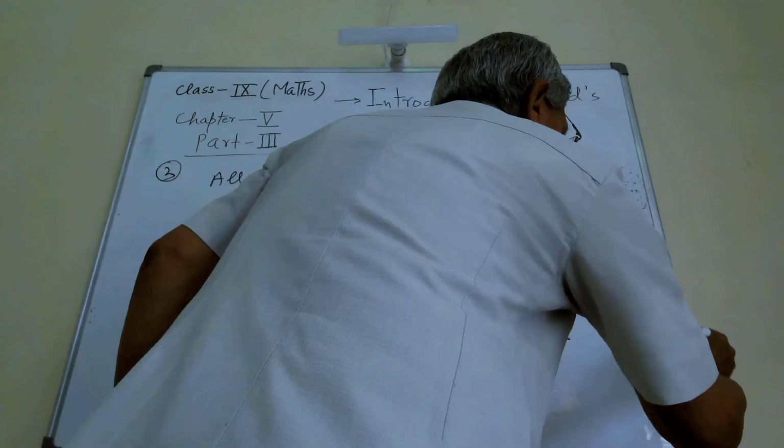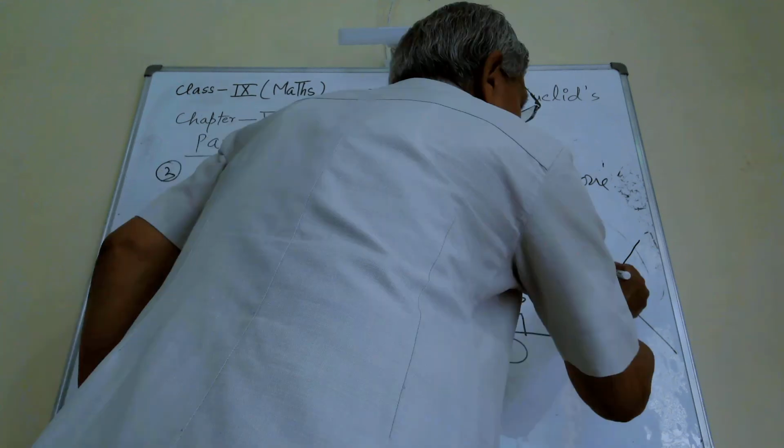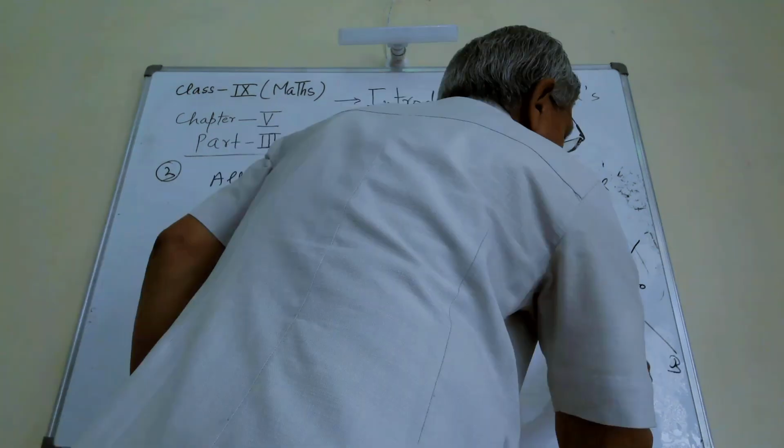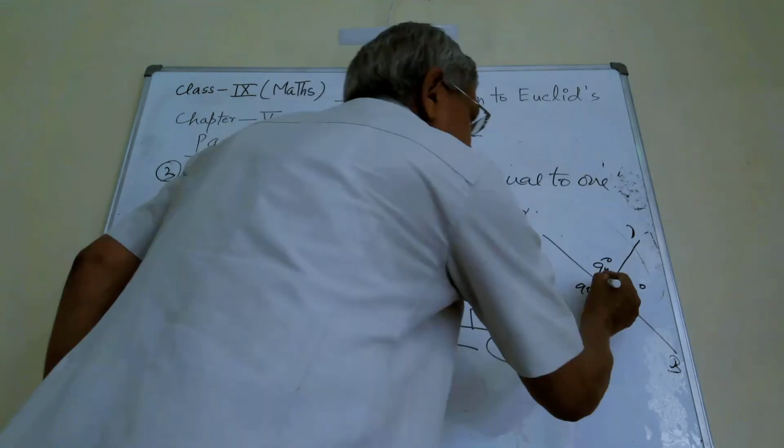Two lines AB and CD intersect each other. The vertically opposite angles are 90 degrees each. These are also 90 degree angles.